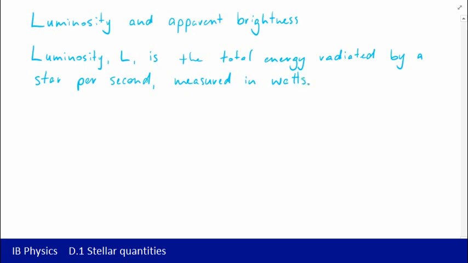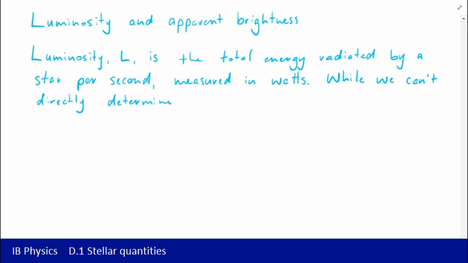So the idea here is that because we are looking at how bright the star is or how luminous it is, we can't directly measure what luminosity is, because we can't capture all of the energy that's being radiated from the star. We can only see it from our vantage point in space.